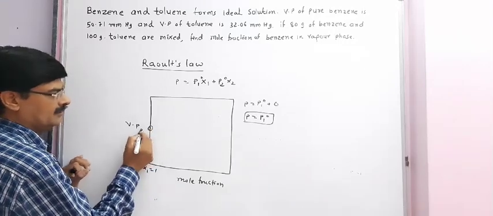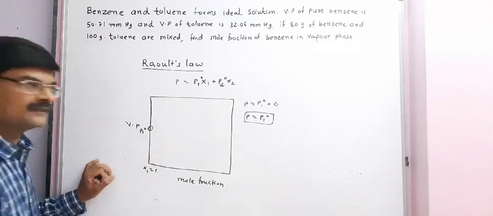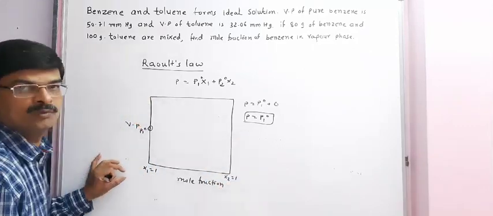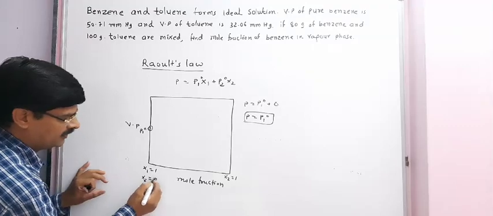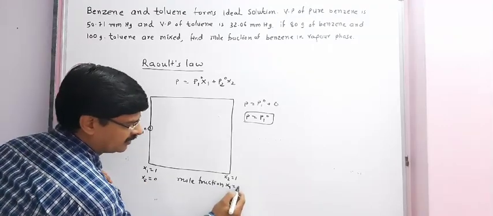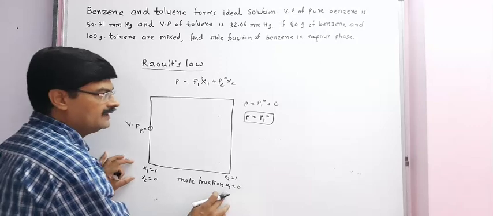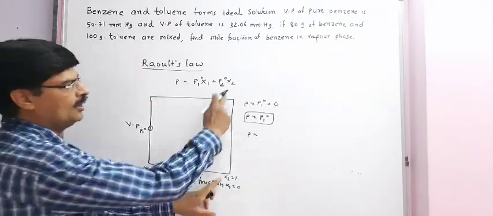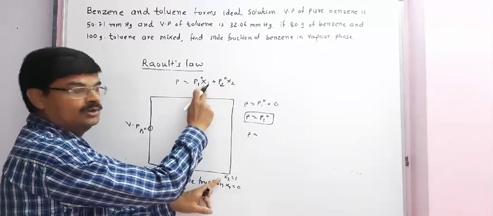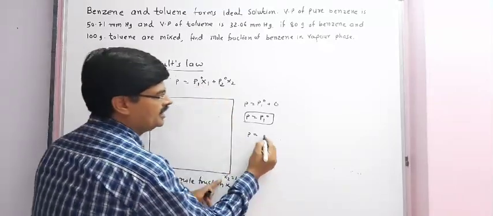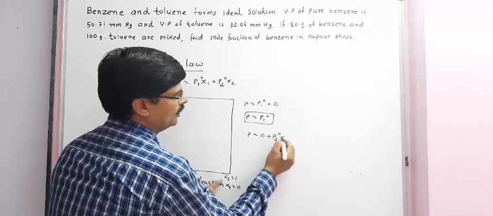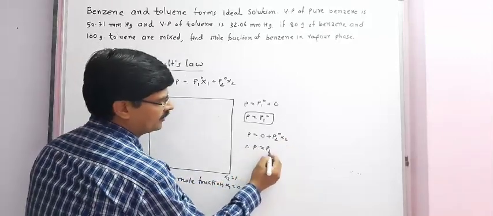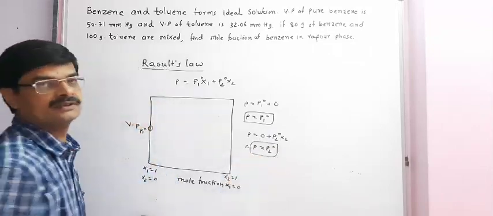Suppose this point is P1 naught. Same way, if we write X2 is equal to 1, here X2 is equal to 0, here X1 is equal to 0, then see what happens. X2 is equal to 1 but X1 is equal to 0, so we will get this term to be 0 plus P2 naught X2. But since X2 is equal to 1, we will get P is equal to P2 naught.